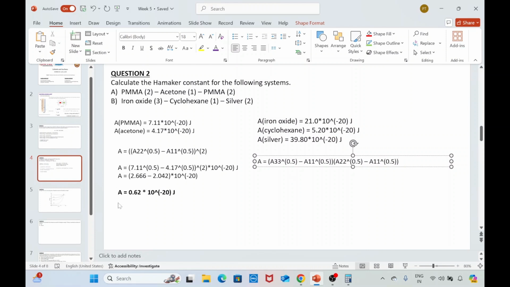Again, please tell me whether this answer, 0.62 into 10 to the power minus 20, is correct.